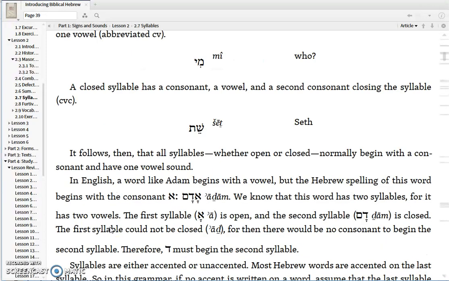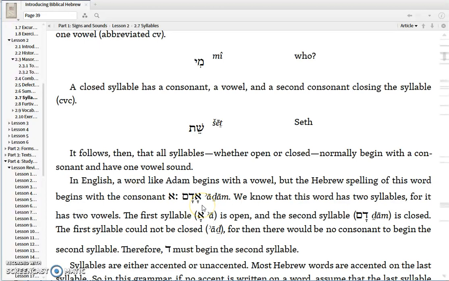And in a given word, you might have a combination of open syllables and closed syllables. So if you take the word for Adam, you begin with an aleph, which is just a placeholder for the vowel, with a kamatz under it. That's a regular kamatz, as it turns out. And so that would be ah. The aleph is a consonant, kind of a glottal stop that just carries the vowel.